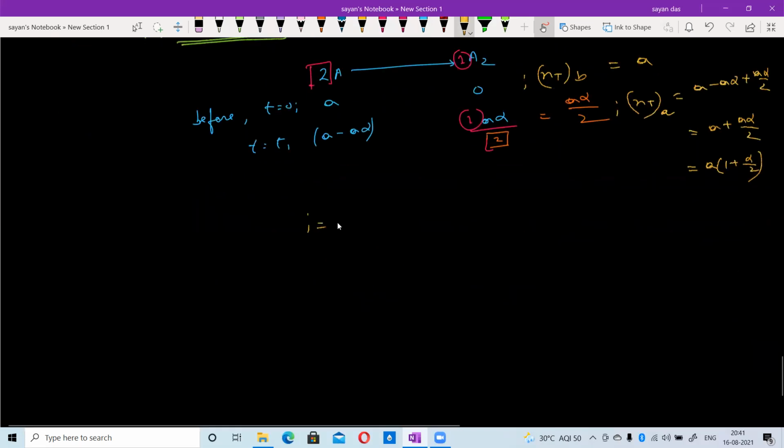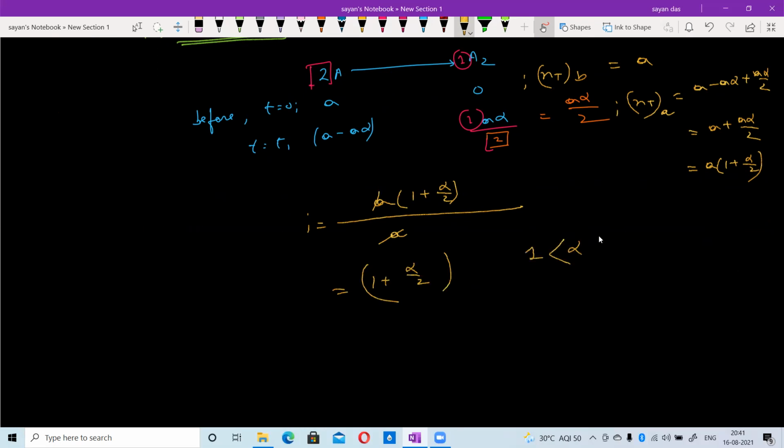What will be the I? I is basically the number of moles present after dissociation over the number of moles present before dissociation. That means 1 minus alpha by 2. And we always know that alpha value always lies between 0 and 1. So this value can be 0.1, 0.2, 0.3, anything.